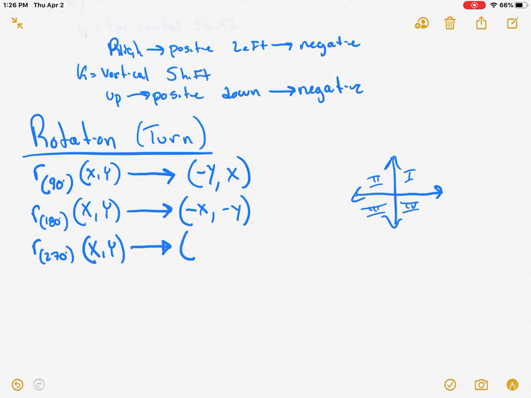The rotation happens. Our new x is our original y, and our new y is opposite our original x. So there's your rotations, right? Those are the reflections, translations, and rotations, all representing our rigid motion transformations. It preserves shape and size. The pre-image and image are congruent figures.